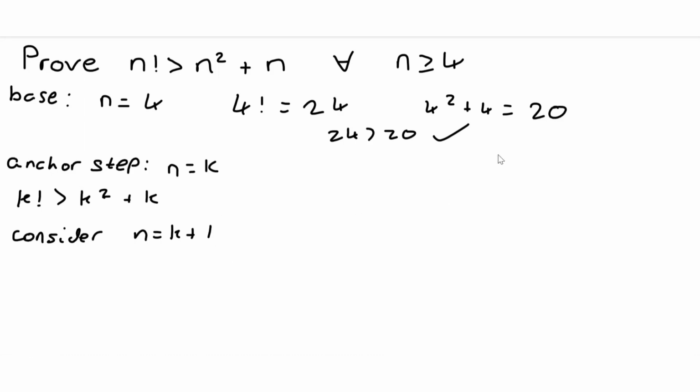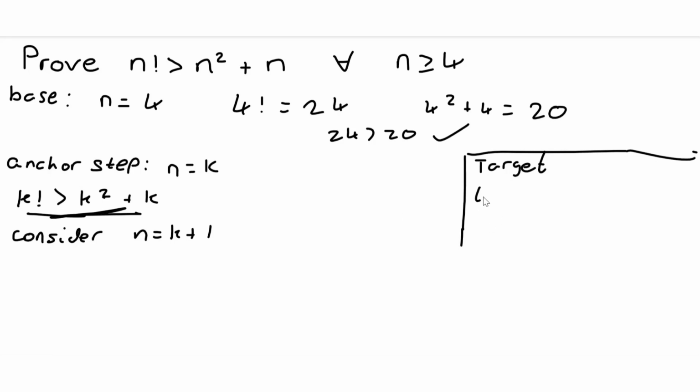So what are we aiming for here? I'm going to write my target over here in a little box. Given this result here, we're looking to show that k plus 1 factorial is greater than k plus 1 squared plus k plus 1.